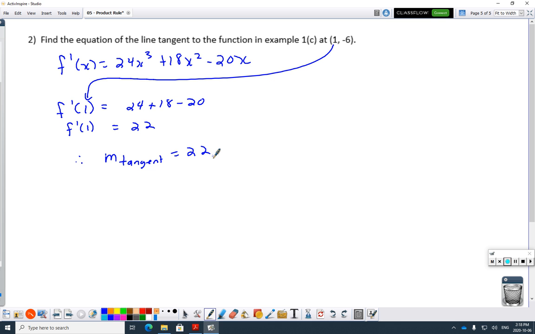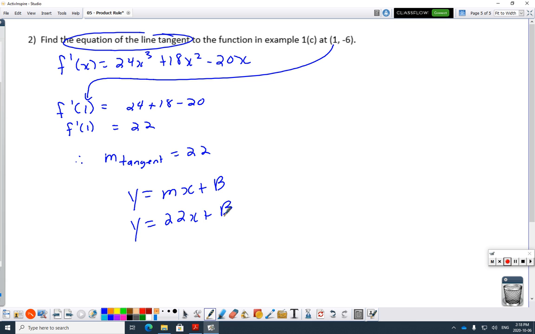So I'm not done. It said find the equation of the line tangent, so I have to do y equals mx plus b. Use my 22. Those of you who are using the new formula, y equals mx minus p plus q, keep using it. Beautiful. I have no problem with it. I go back to this because some people didn't fall in love with that as much as they might have.